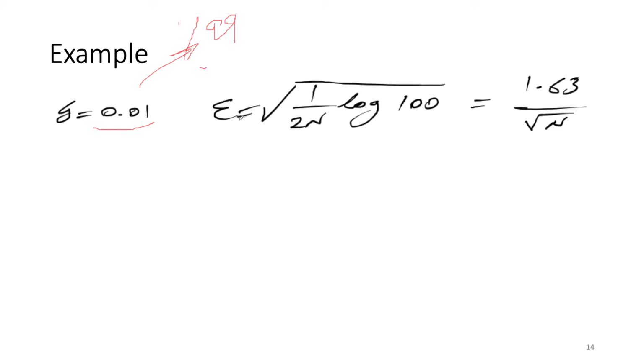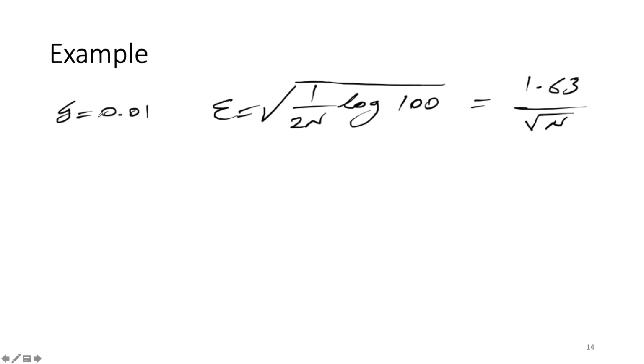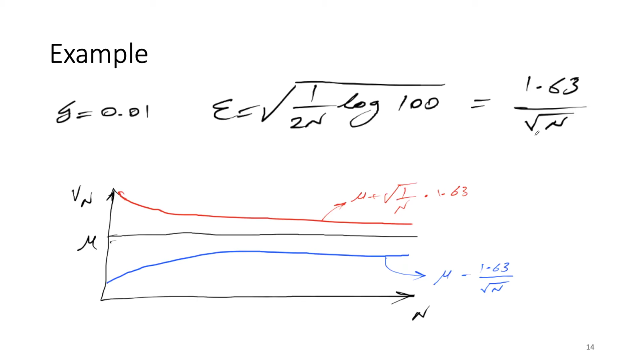So you can easily compute your epsilon using this formula that's given here. Your epsilon would be the square root of 1 divided by 2n and log of 100, which is around 1.63 divided by n. And we don't care about n, we can just have an upper bound.